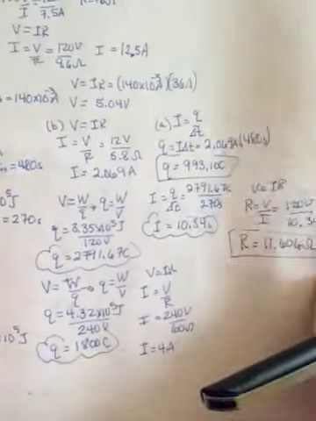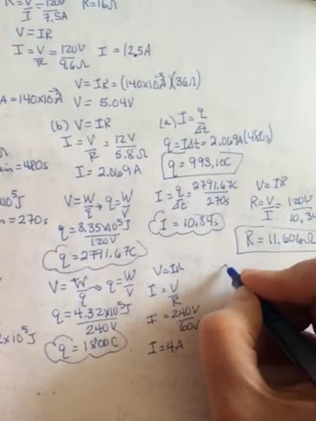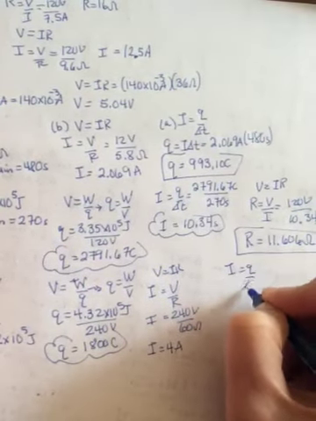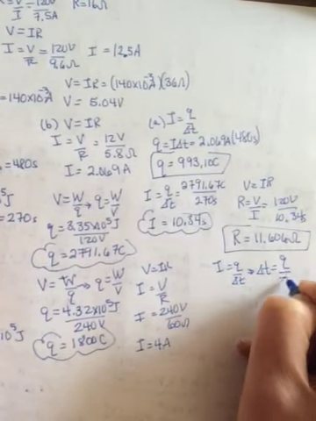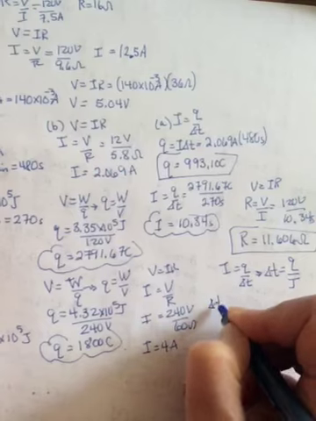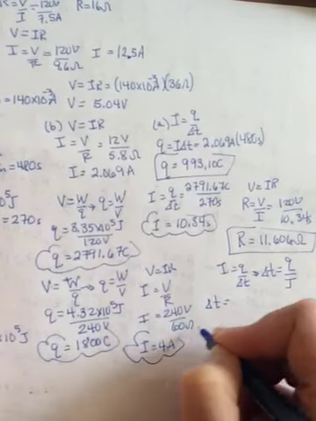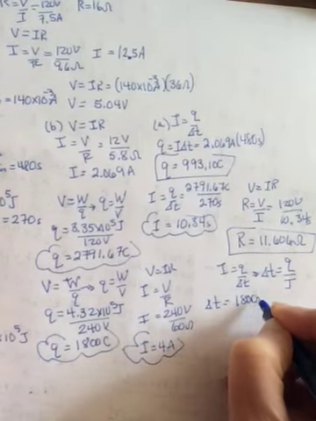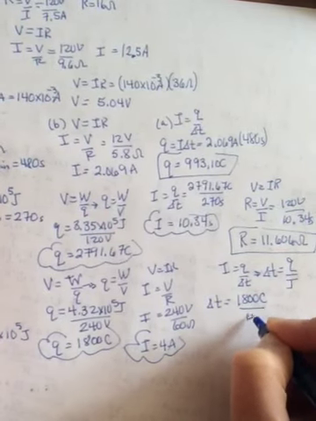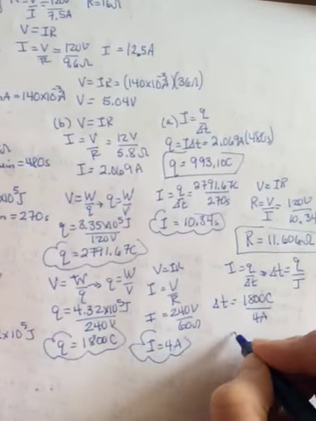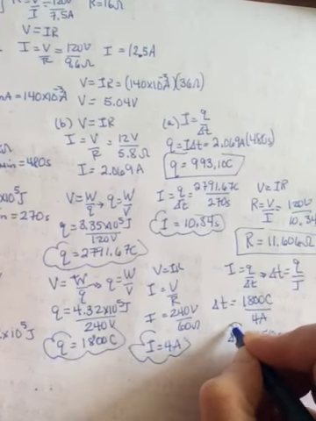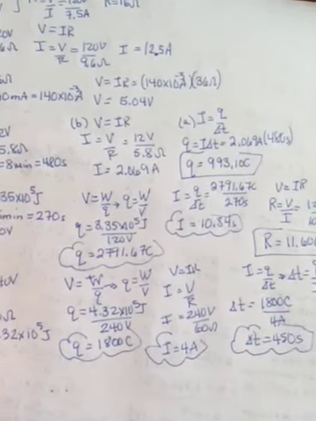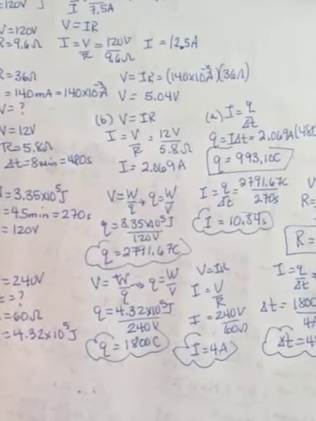So now that I have my Q and my I, I can find my T. I equals Q over delta T. So delta T equals Q over I. So delta T equals 1,800 coulombs over 4 amps. And that should give you a time of 450 seconds. The end. Okay? So hopefully those were pretty straightforward too.